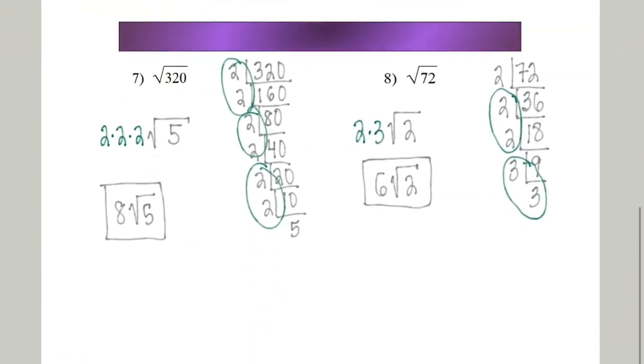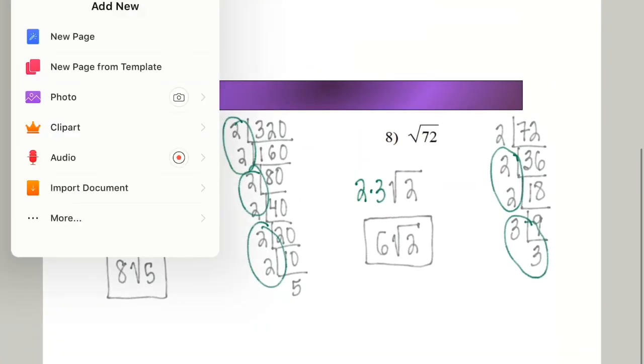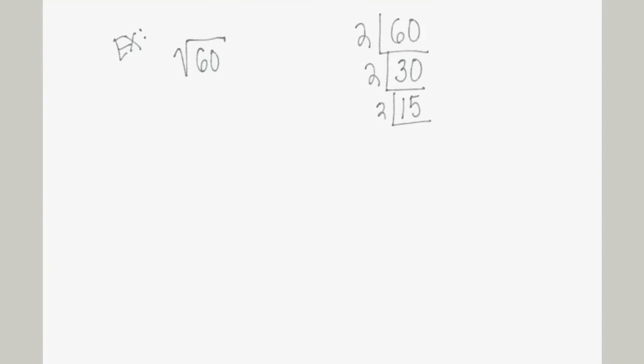Okay, I think right here what I want to do is give you another problem to see. So I want to give you some tries, but I want to just do this example real quick. So if I've got the square root of 60, I'm going to take 60, I'm going to break it down. 2 goes into 60 30 times. 2 goes into 30 15 times. 3 goes into 15 5 times.